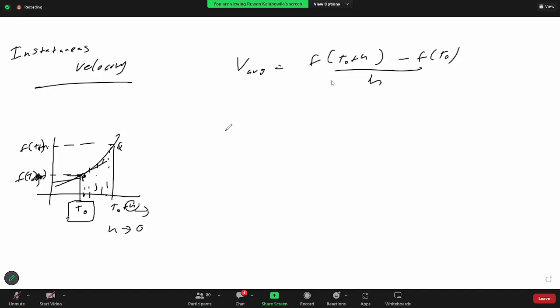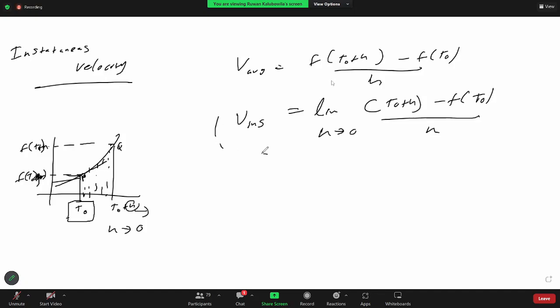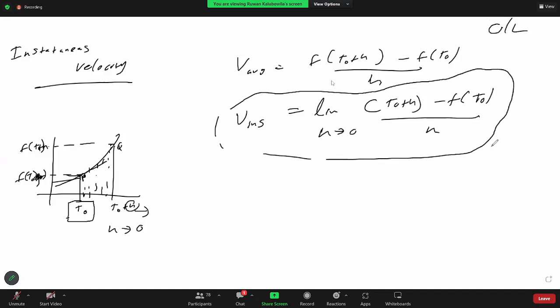So what you have to do, you need to take the limits, right? Limits of the same equation. So if you need to find the instantaneous velocity, what we have to do is take the limits, bring h approaching 0. Right? So this is at O level, this is at university level. You are doing limits. That's the difference.